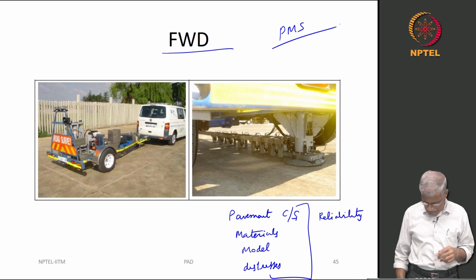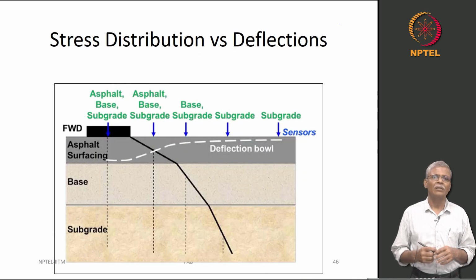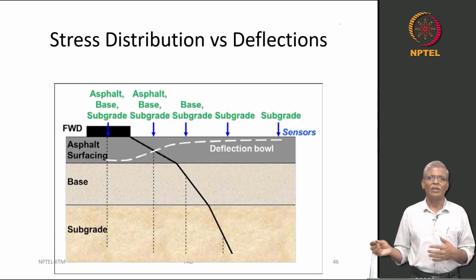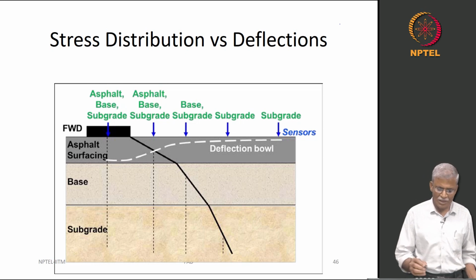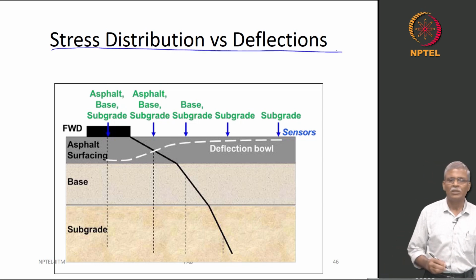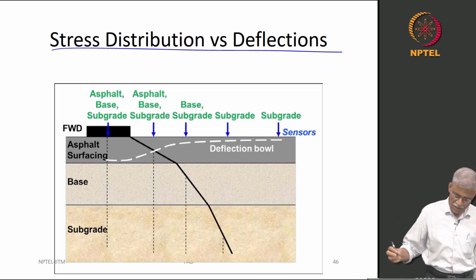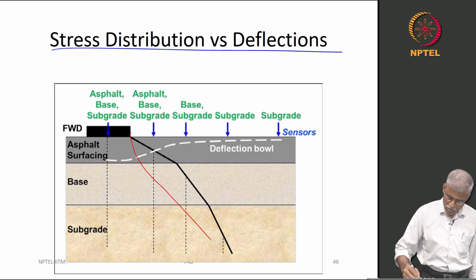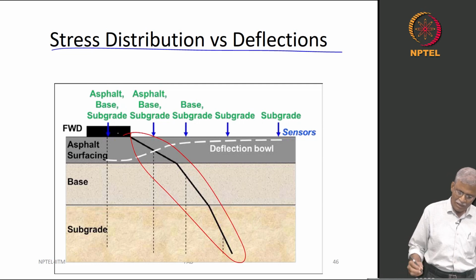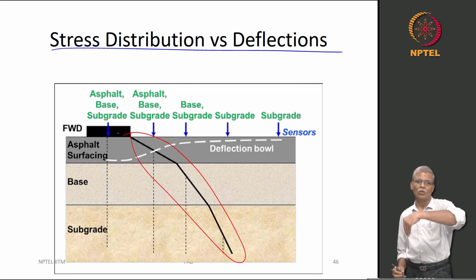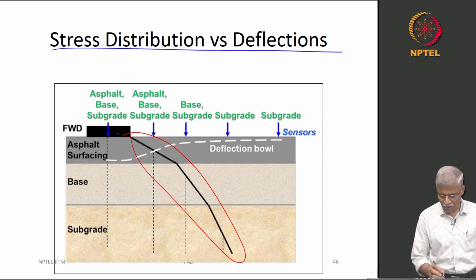What is interesting here in the South African method is that they would like us to understand a little more about the stress distribution versus deflection. Now, what you see here, which is shown as the black line, is this stress contour. So, that means you are looking at how the load is distributed.